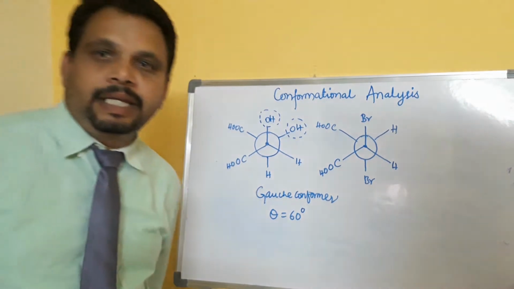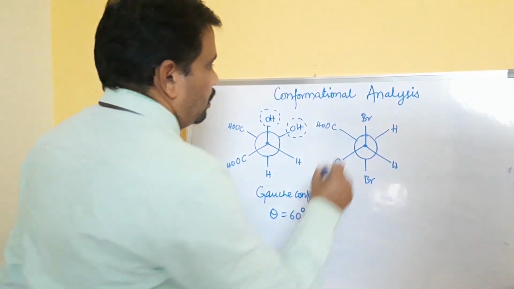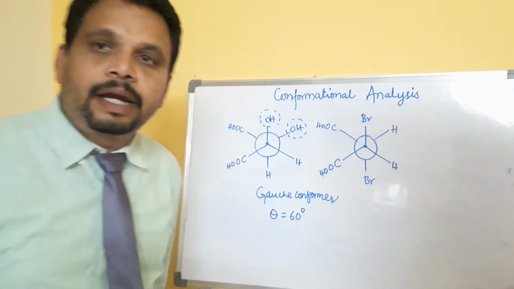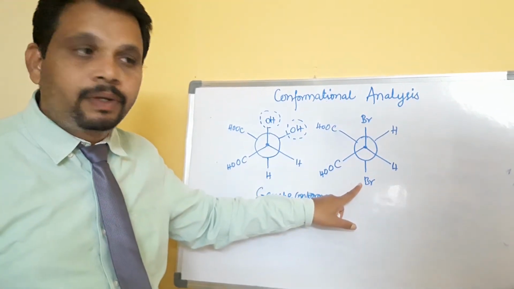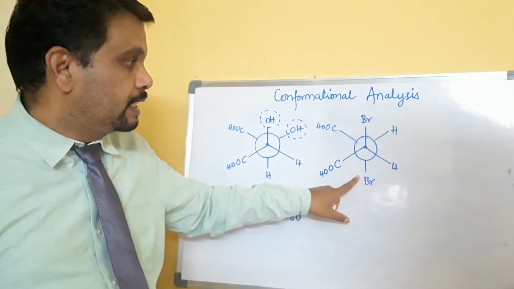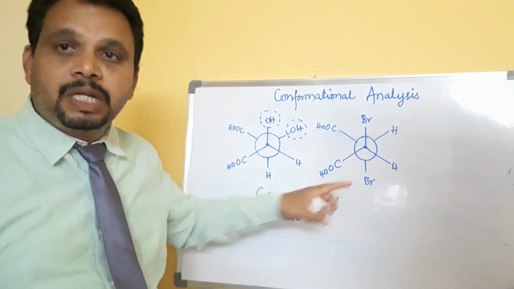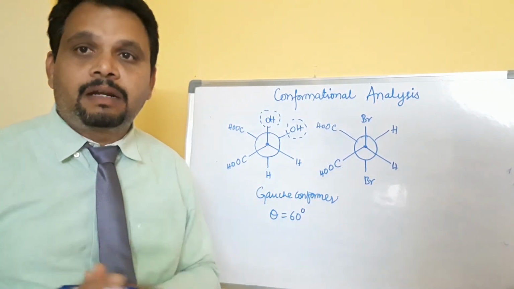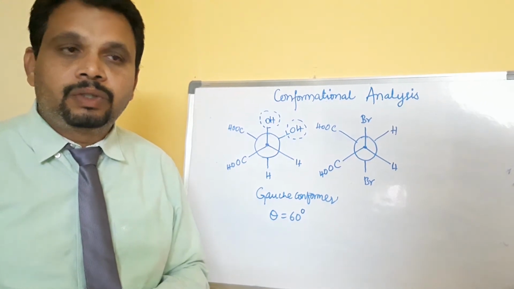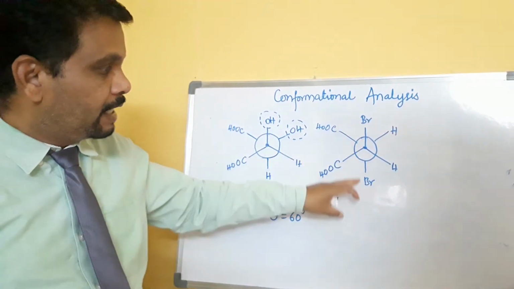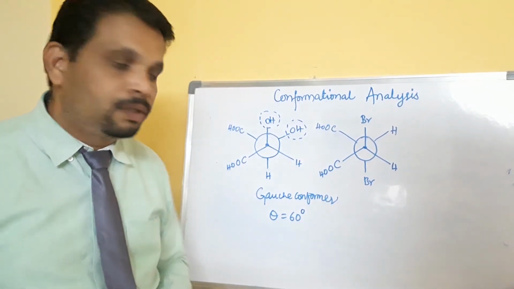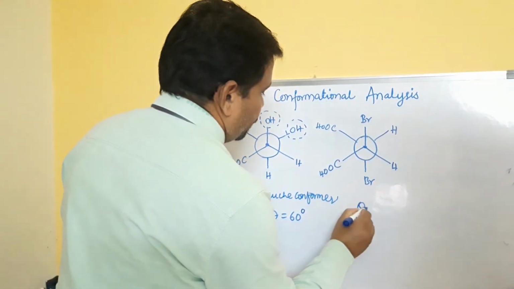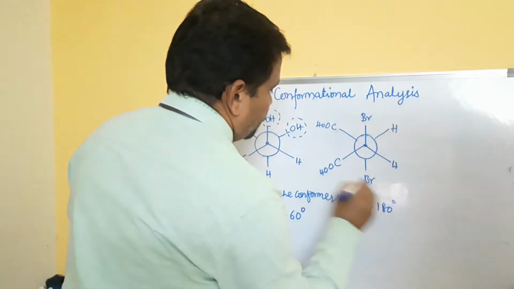So in this case, you can easily identify that bromine gets the top priority, identical groups existing on adjacent carbons. The dihedral angle between these two groups is 180 degrees.